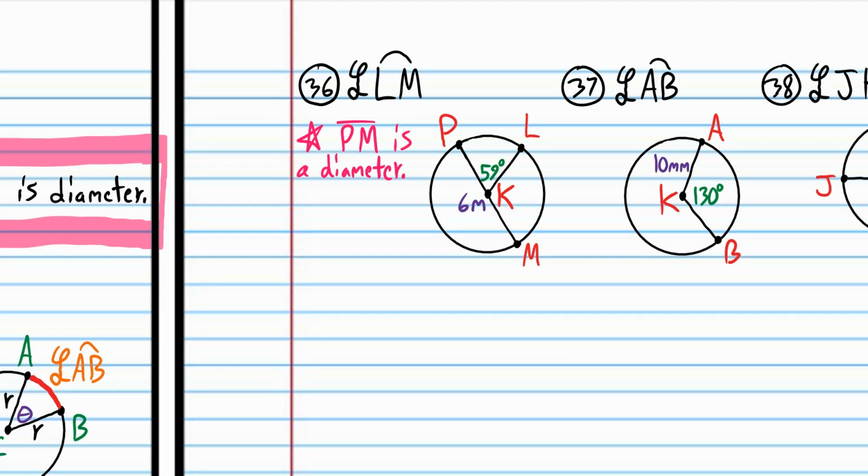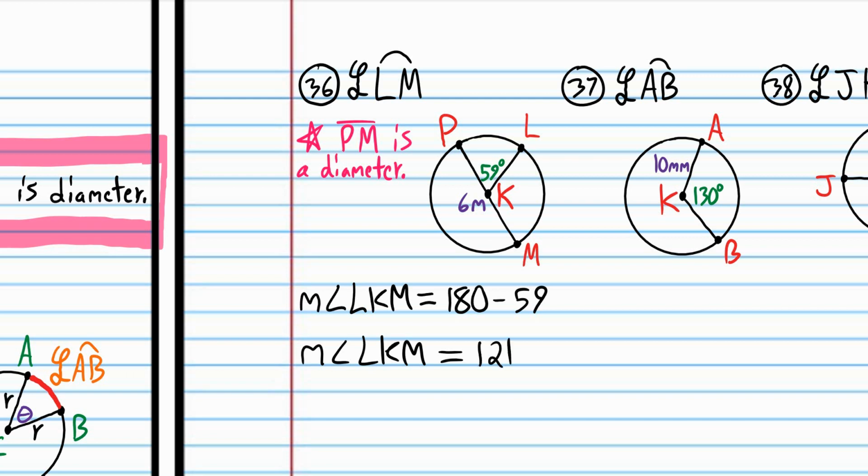So the measure of the central angle we're looking for, LKM, is equal to 180 minus 59. So the measure of angle LKM is equal to, you can do that in your calculator, 180 minus 59 is equal to 121.